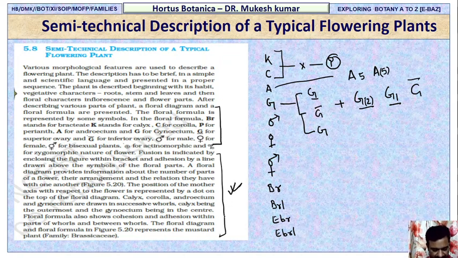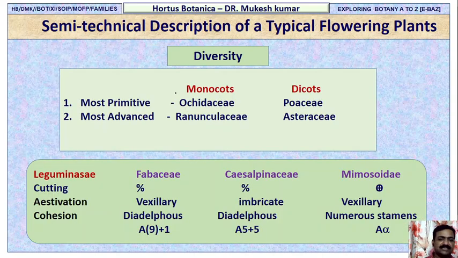Now, let's see the diversity. When we talk about the most primitive monocot, yes, this is the Orchidaceae. In some books it is also supposed to be the Liliaceae, but most of the books are telling this is the Orchidaceae.